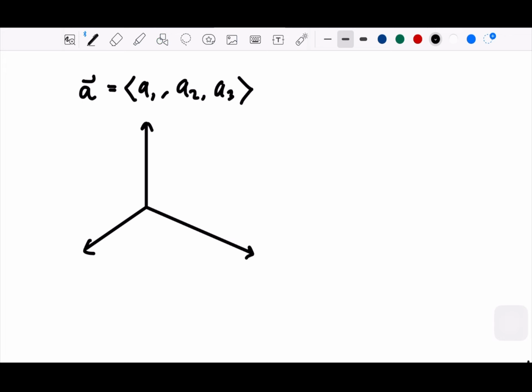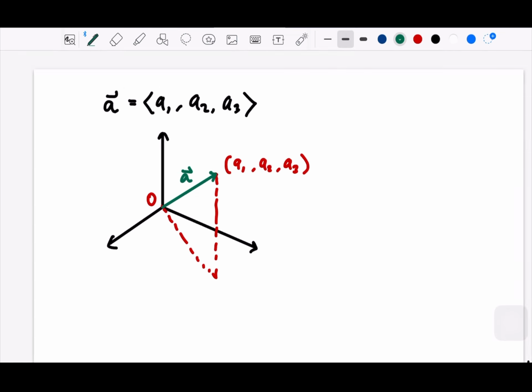We rewrite this from the origin, which has some coordinates a1, a2, a3, and this line here is our vector a.